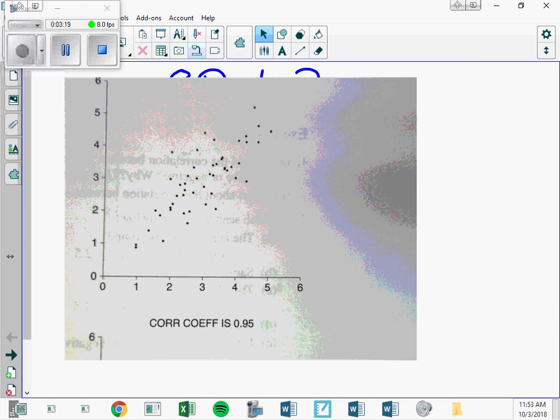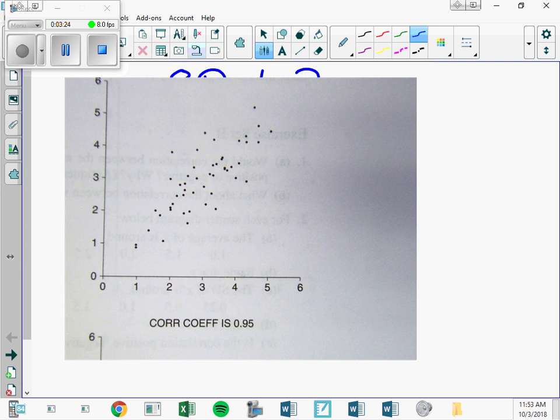Okay, there is our correlation for 0.95. I'm going to draw my football to capture all of those points. Okay, and that football doesn't look super thin, but our football actually doesn't grab all of the points. It kind of grabs most of the points.